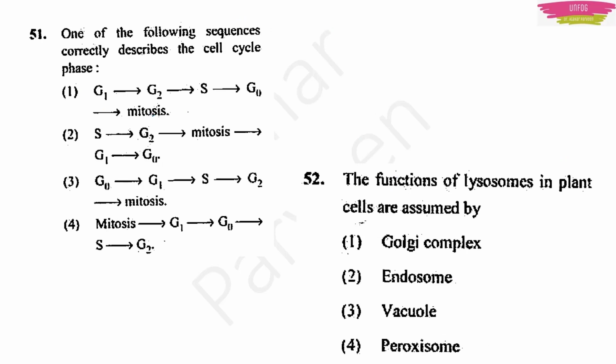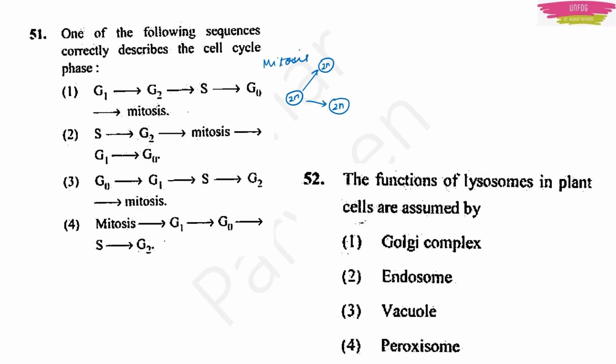The next question is, one of the following sequences correctly describes the cell cycle phase. So, if we take a vague look at these 4 options, then we realize that it is talking about mitosis, right? So, what happens in mitosis? We have one parent cell which is diploid, and this will give rise to 2 daughter cells which are also diploid, okay?